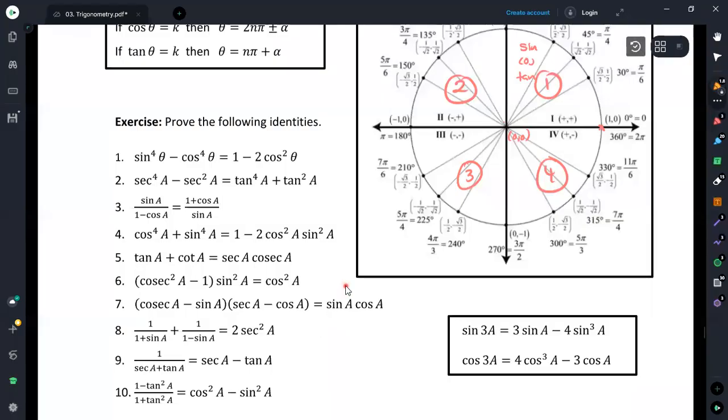Now we will discuss the proof of the third identity which is mentioned here.